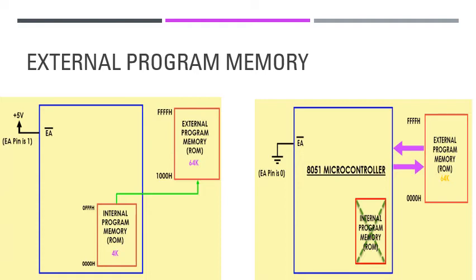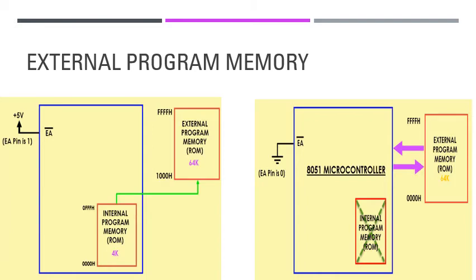That is, when EA pin is high, the CPU first fetches the instruction from the internal program memory in the address range of 0000H to 0FFFH, and if the memory address exceeds the limit, then the instructions are fetched from the external ROM in the address range from 1000H to FFFFH.